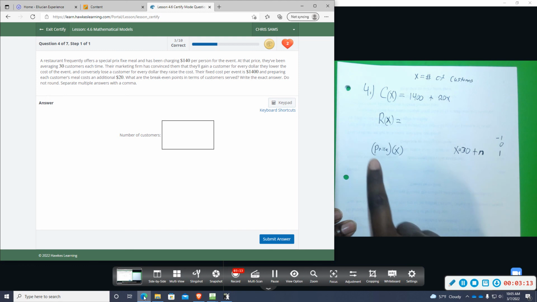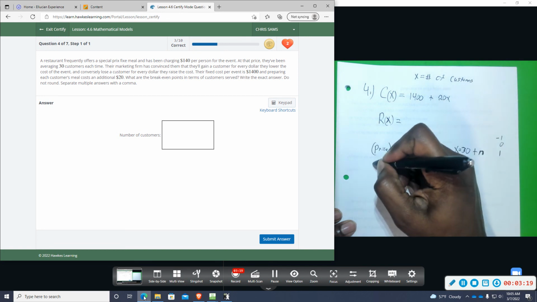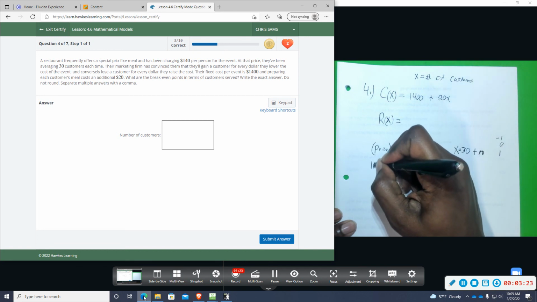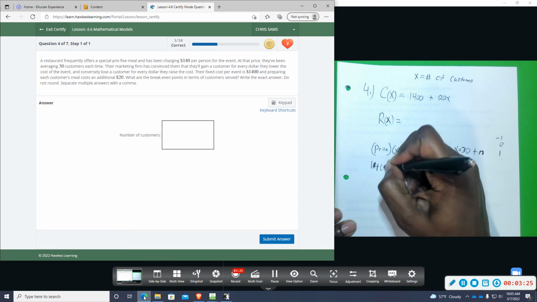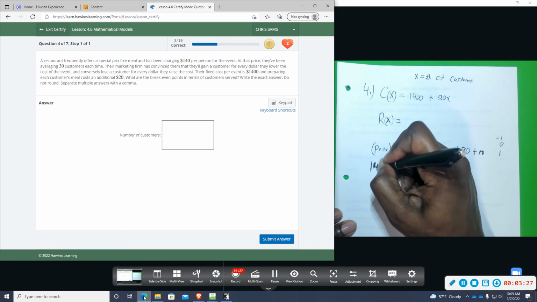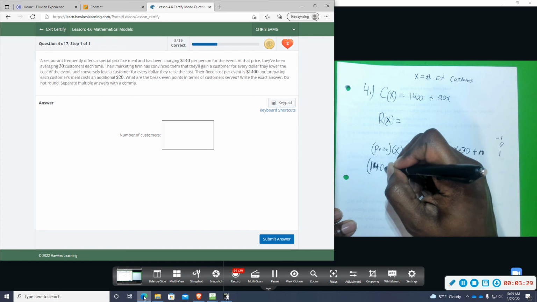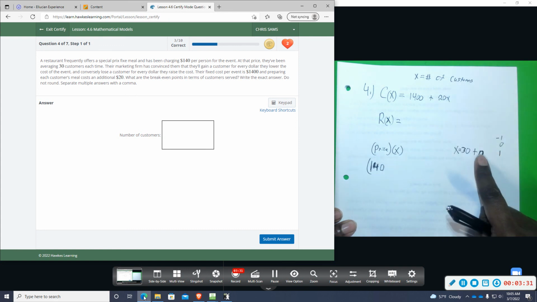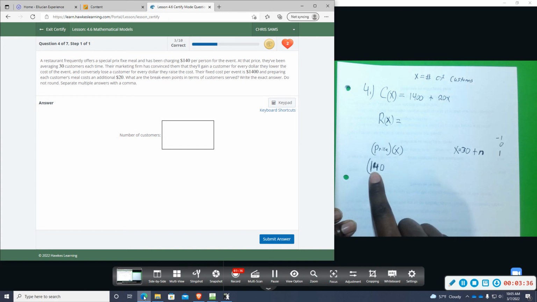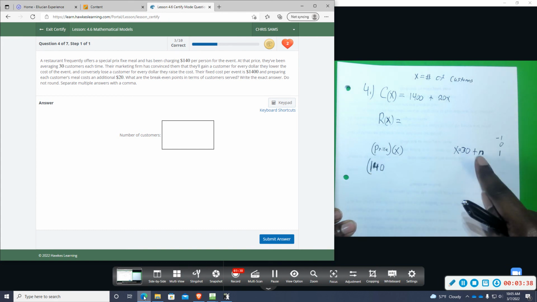Now, the price right now is $140, and this price of $140 is also going to be changing based on some number that I use.